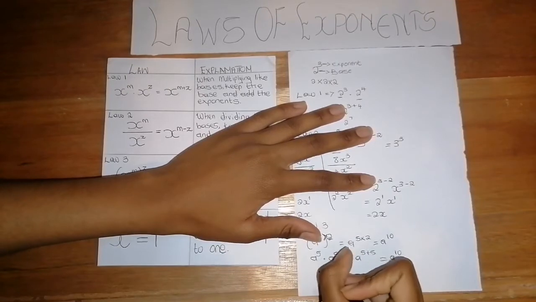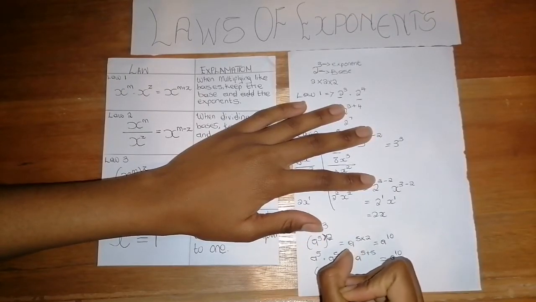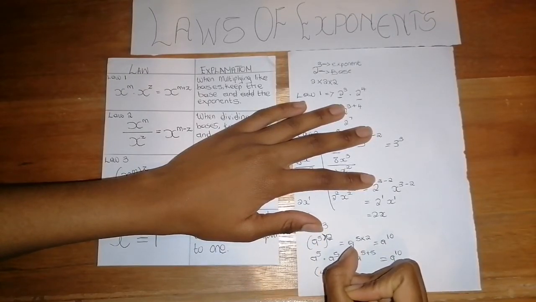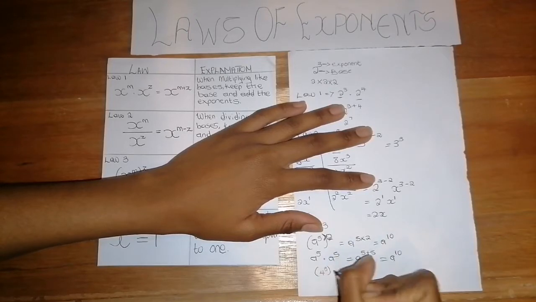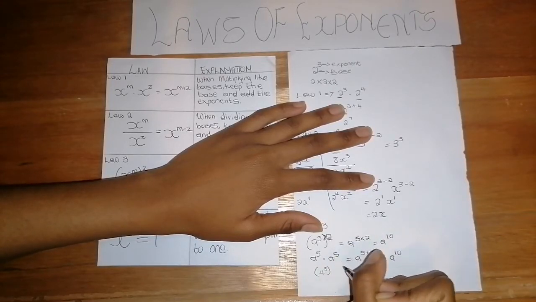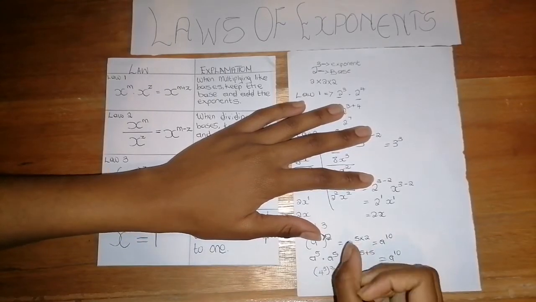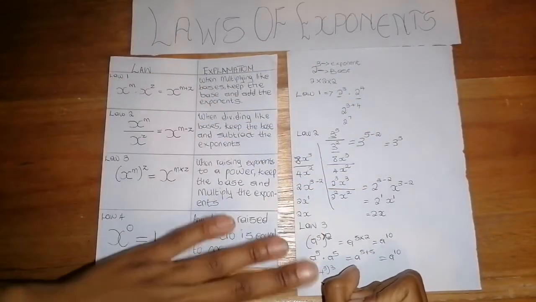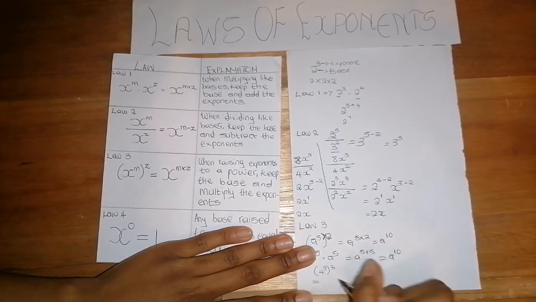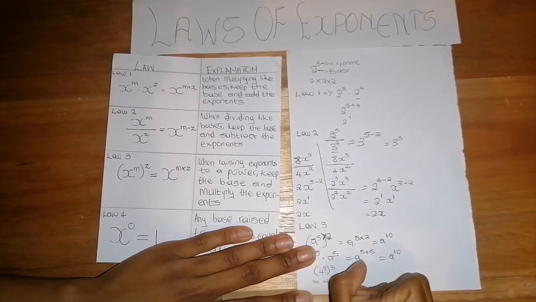Let's say we have 4 to the exponent 3, all to the exponent 3 again. Applying law number 3, it is equal to 4 to the exponent 3 multiplied by 3.